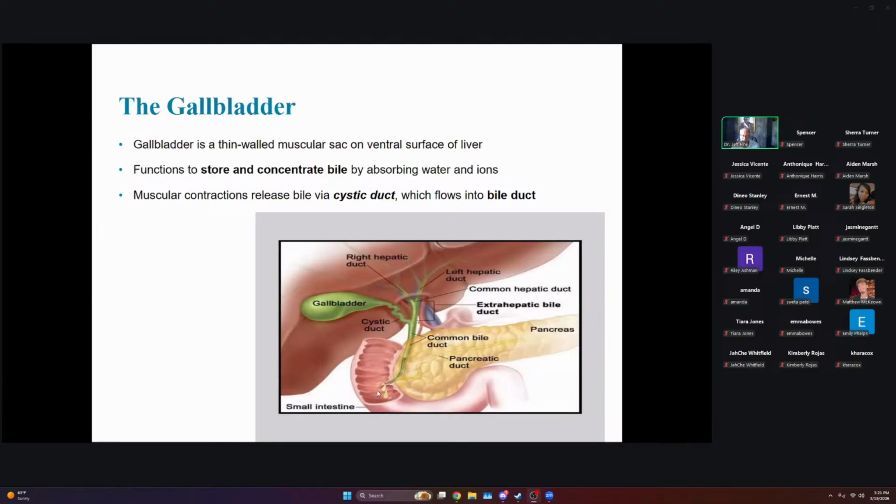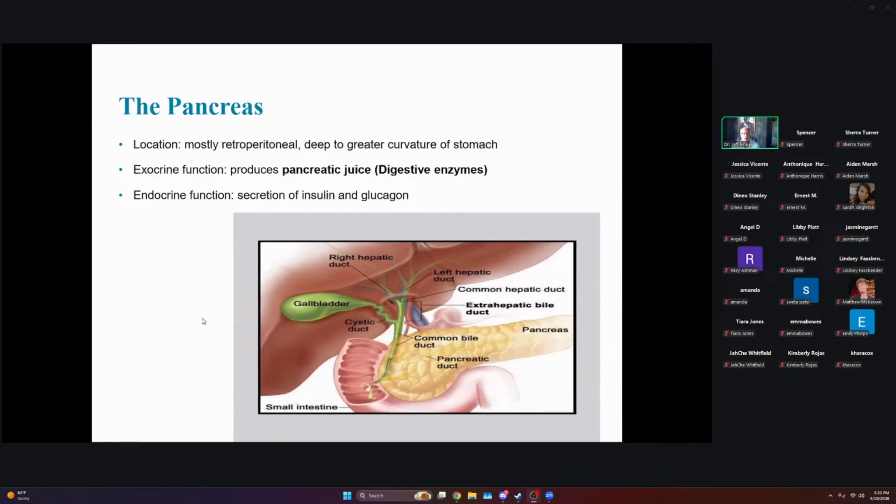So pancreatic juices and bile from either the gallbladder and or the liver all make their way through the same little opening here in the wall of the duodenum. Okay? So that's the gallbladder recap of how it works with the ducts. Here's the pancreas. I just talked about that on the previous slide. Okay? Pancreatic duct carrying the juices to the duodenum.